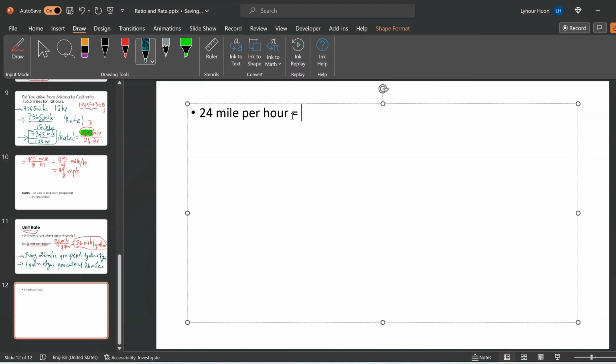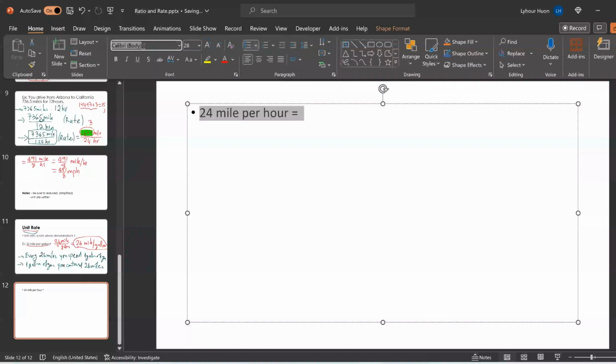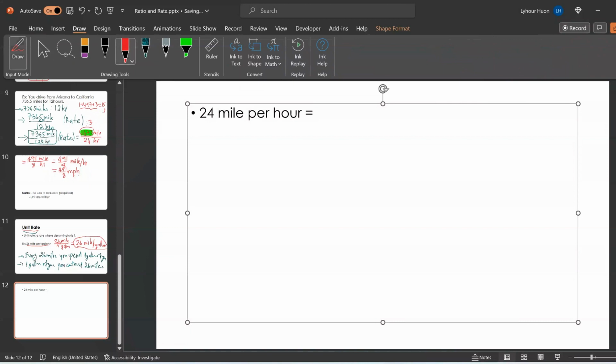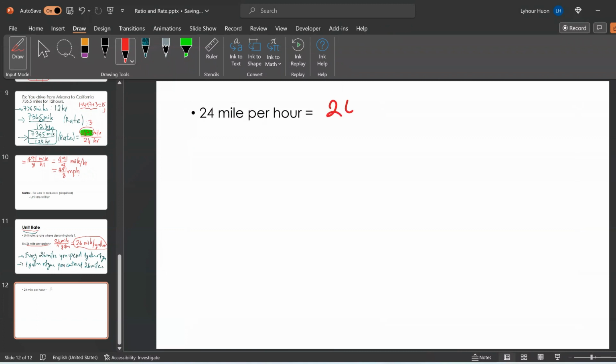If we write it as a rate, what should we write? 24 over 1 miles per hour.